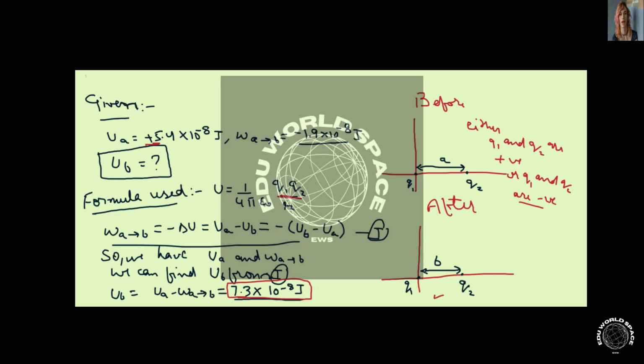The product of two positive charges gives a positive result, and the product of two negative charges also gives a positive number. That's why we have U positive. That means they are repelling each other.